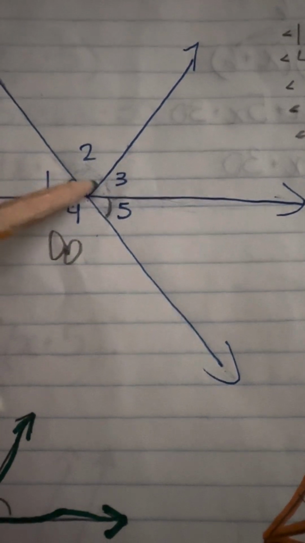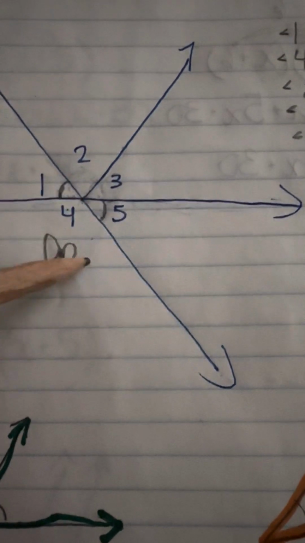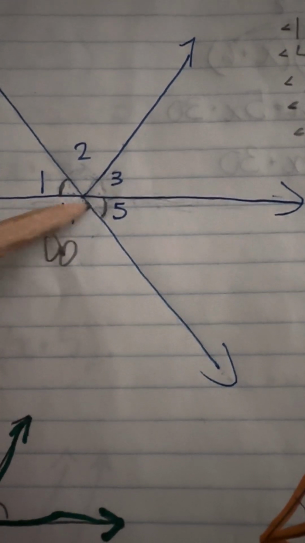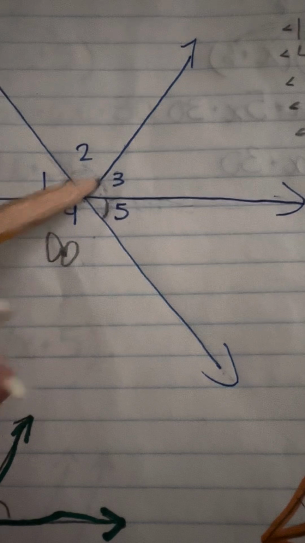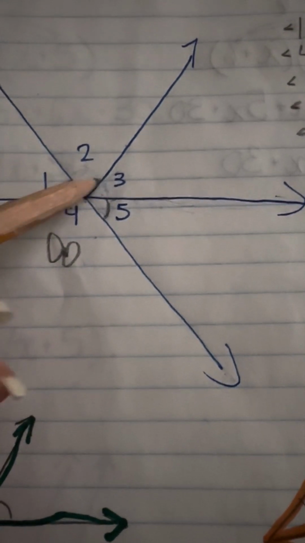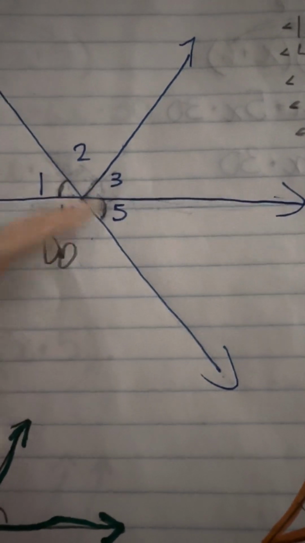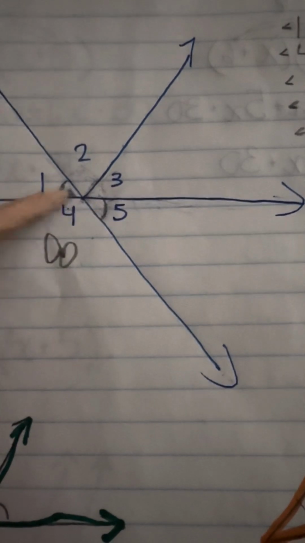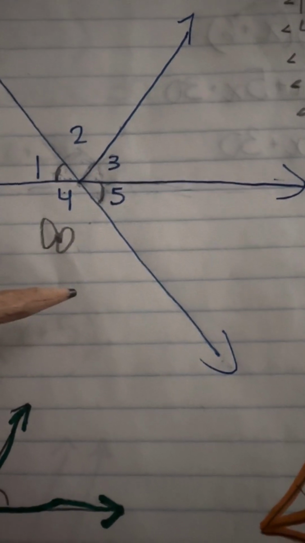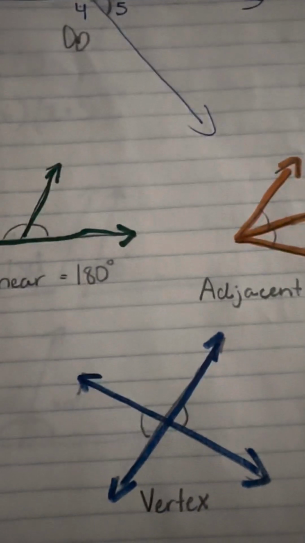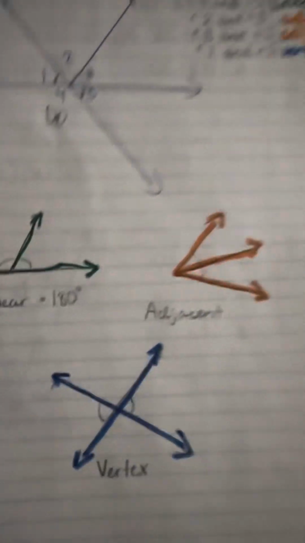It's not like the angles that are side by side with a common side separating them, right? Because it's not the same. There's an arrow here, but it's not separating two angles that are side by side. These angles are completely opposite from each other. So that's how you know that's actually a vertex angle, when it forms that bow tie.